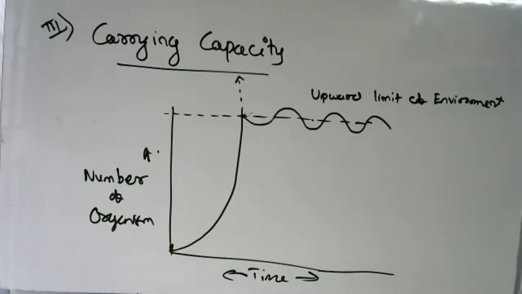First one, fluctuations. Irregular changes in the population size are called fluctuations.